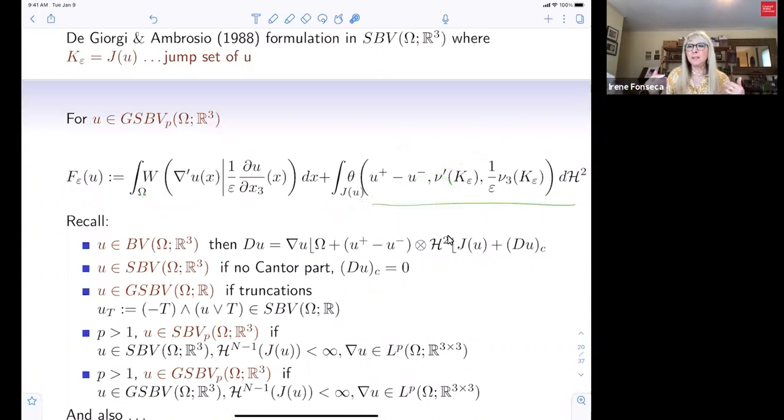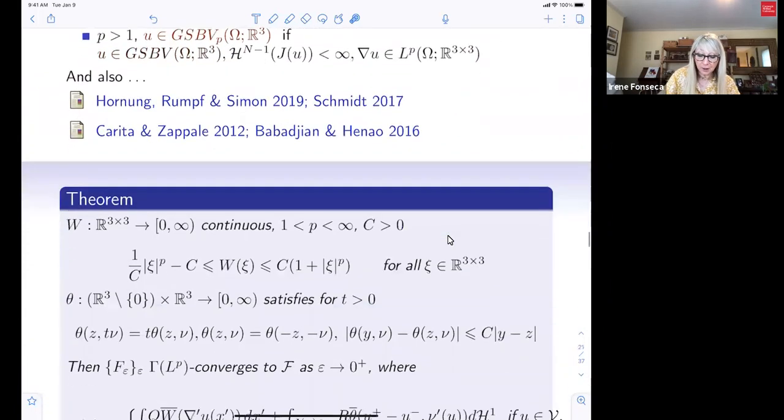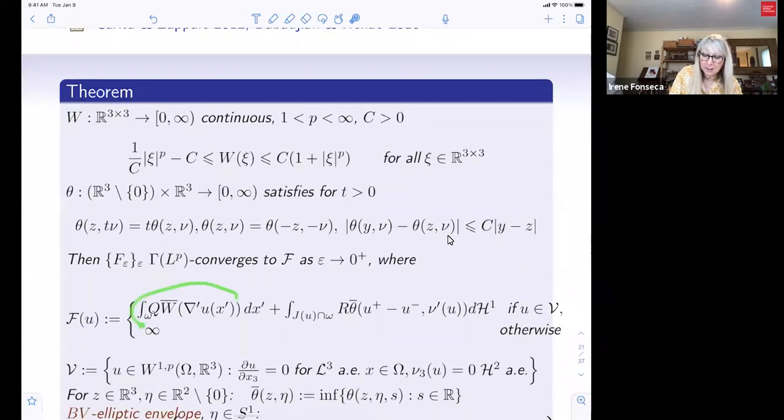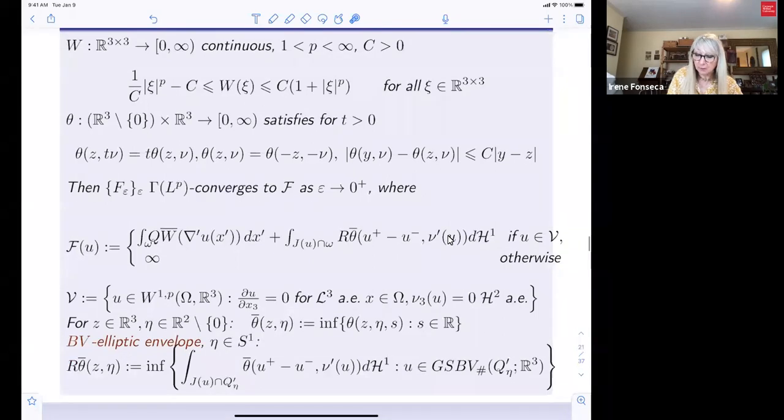This is the case where you have a growth bigger than 1 with a surface energy. When that happens, they decouple, they don't see each other. In the end, you have an energy that does the usual relaxation on the bulk, and then this has its own surface energy, but you don't see W's here, and you don't see thetas there. Basically, you're relaxing the two separately.